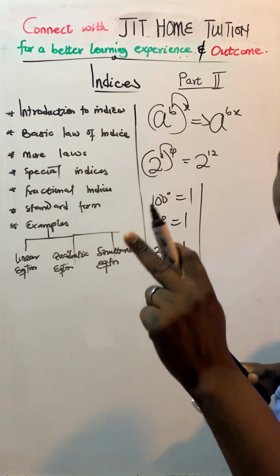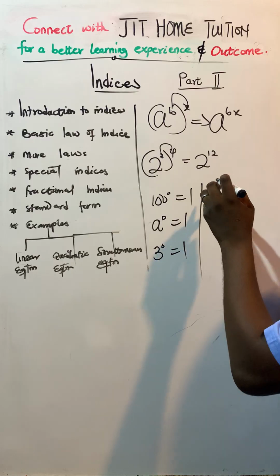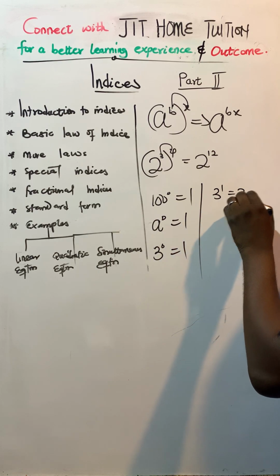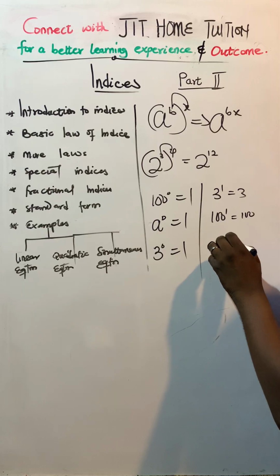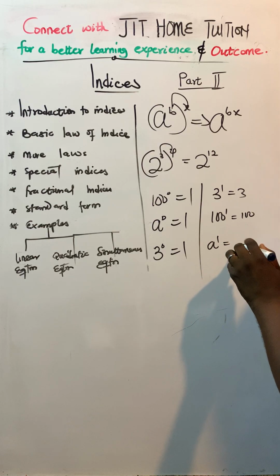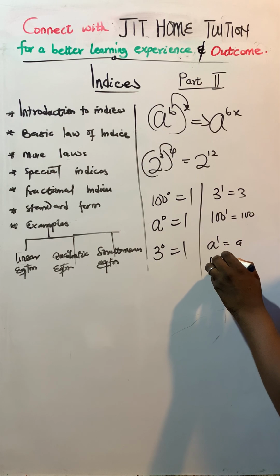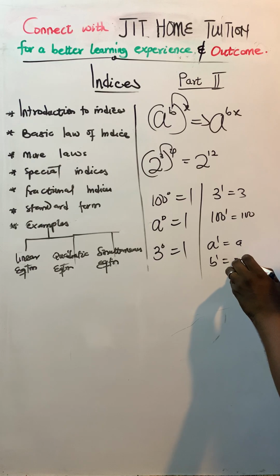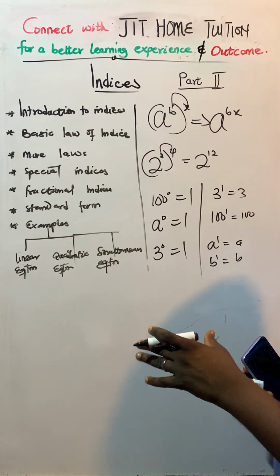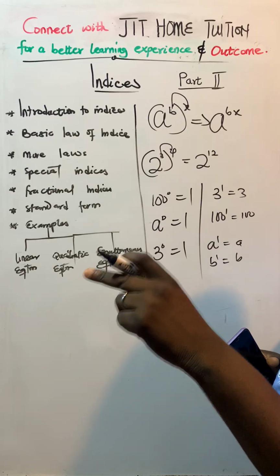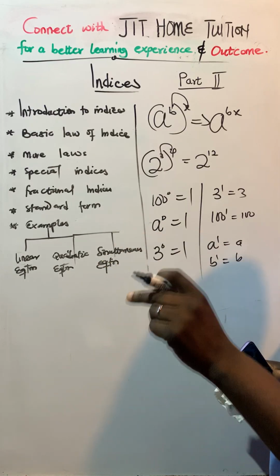Any number raised to the power 1 is still the same number. So 3 raised to the power 1 is 3. 100 raised to the power 1 is still 100. A raised to the power 1 is A. B raised to the power 1 is what? B.